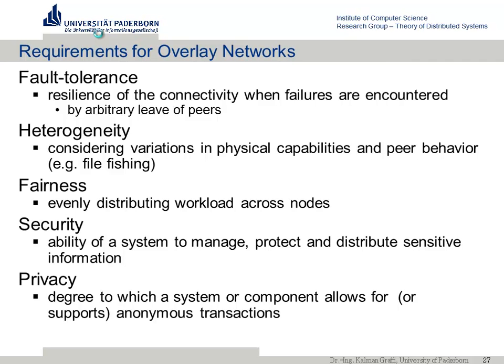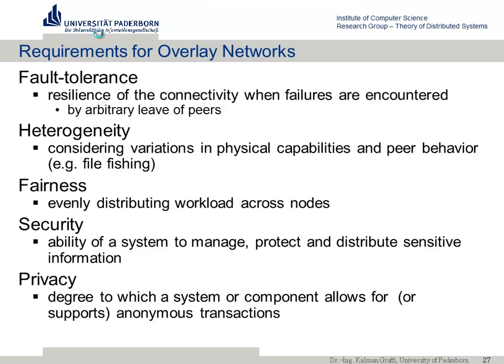Just to list the last requirements on overlay networks, fault tolerance is always a point. If you have churn, how do you live with it? How do you counteract the failing of nodes, also of important nodes? How do you live with various capabilities in the network, with peer behavior, strong peers, malicious peers?